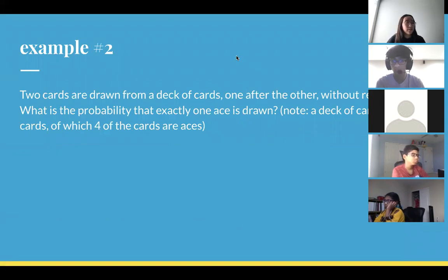Okay. Example 2. So 2 cards are drawn from a deck, one after the other, without replacement. What is the probability that exactly 1 ace is drawn? Remember, it's exactly 1 ace.